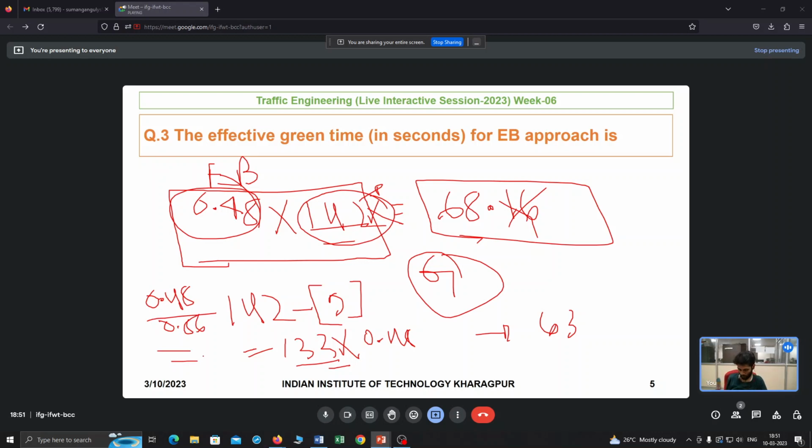So now if we calculate 0.48 by 0.86, so 0.56 times 133, 74.23. So this was the range that is also given, 74, right?